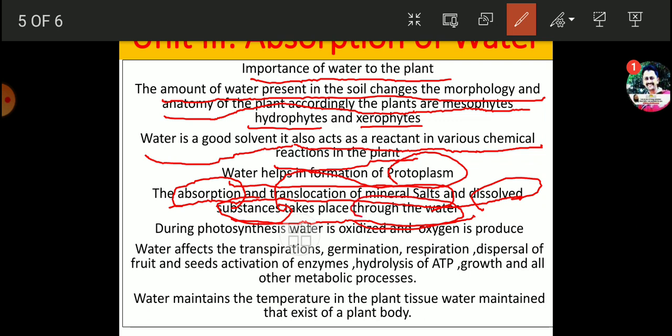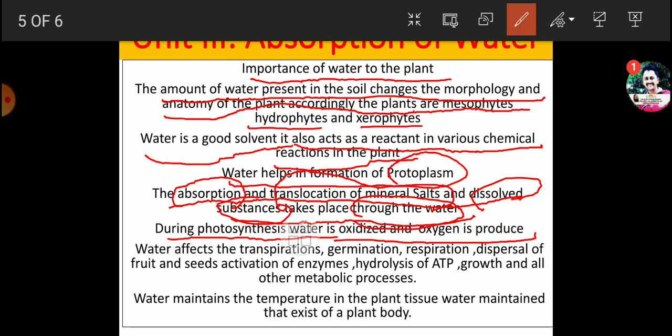So water has a lot of importance in life. That's why it is known as the elixir of life, isn't it? Water is also known as life, Jivan. During photosynthesis, we know that water is oxidized and oxygen is produced. That is well known to us. We know this experiment.